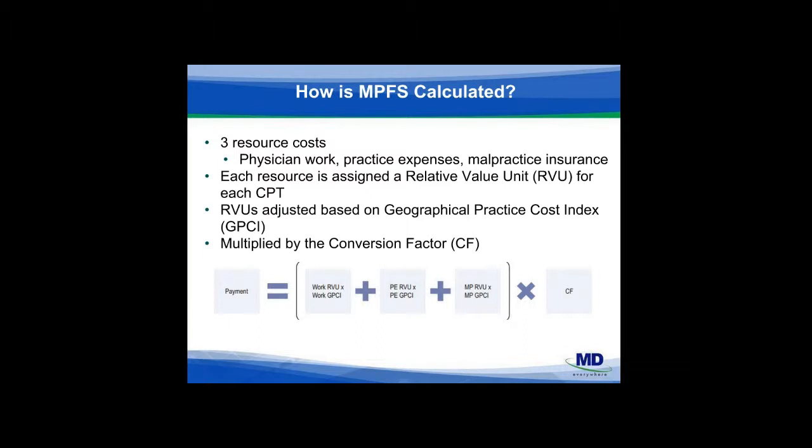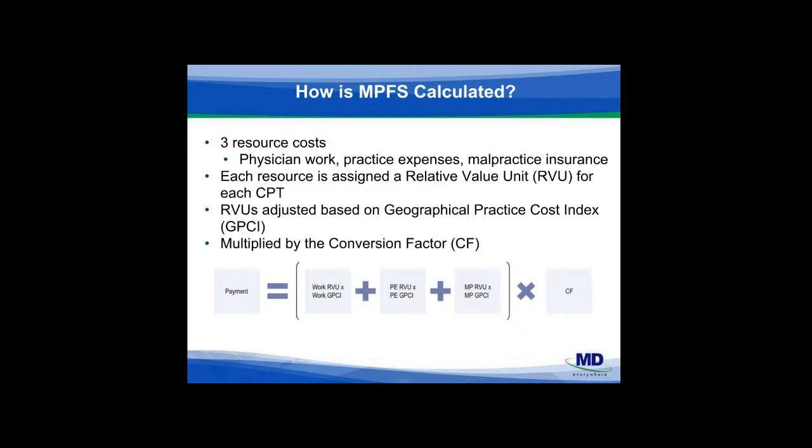The statute specifies that the conversion factor is updated on an annual basis. The formula specifies that the update in each year be equal to the Medicare Economic Index, and then it's adjusted up or down based on how actual expenditures compare to the target rate, called the sustainable growth rate.